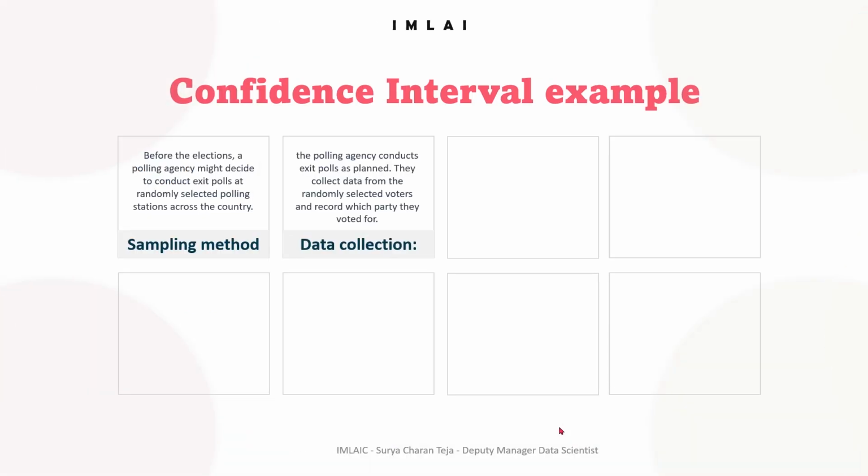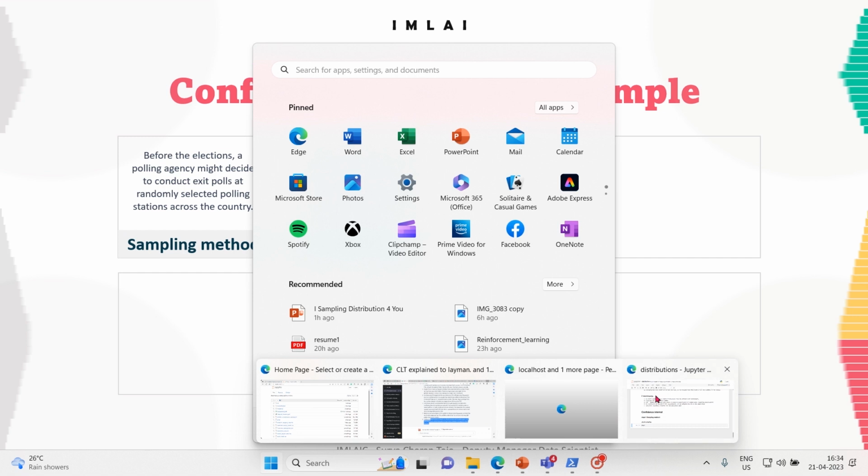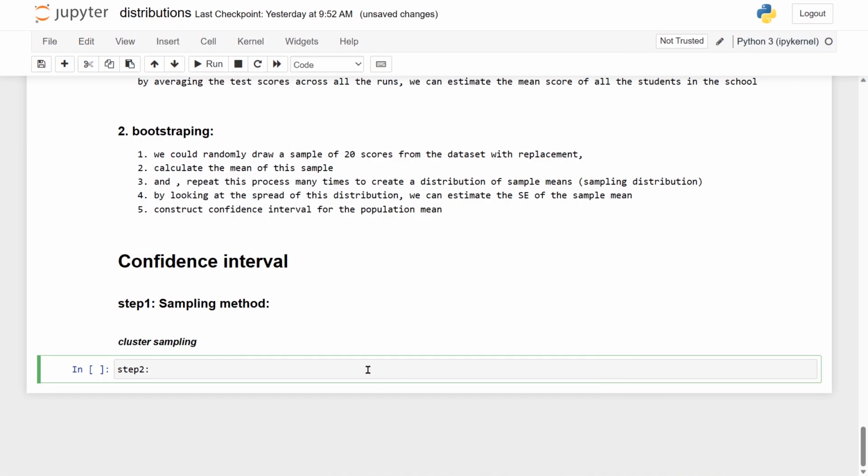So step 2 for us is data collection. On the day of the election, the polling agency conducts exit polls as planned. They collect data from the randomly selected voters and record which party they voted for. That's our step 2, which is data collection.